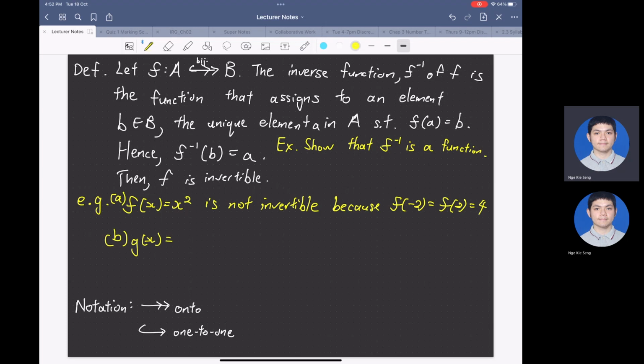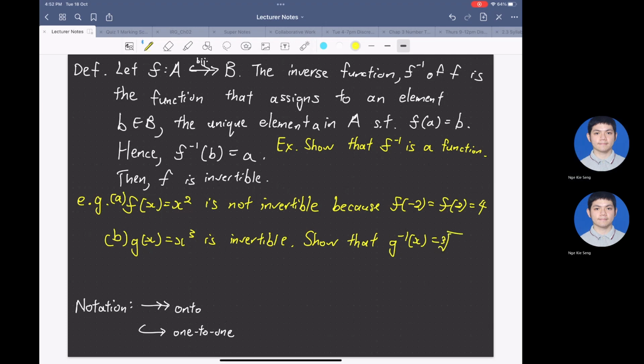But g(x) is invertible. You can show that g inverse of x is the cube root of x. So the inverse function is cube root x.